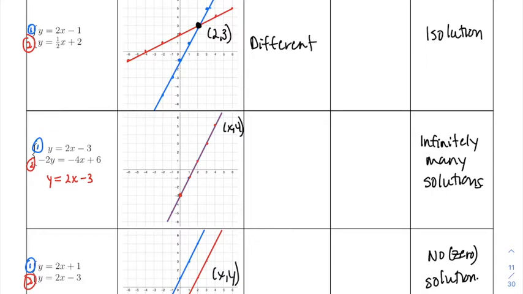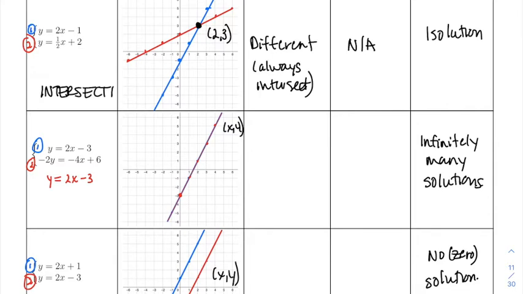The whole point here is as long as two lines have slopes that are different, they will always intersect somewhere. It doesn't matter what the y-intercepts are in this case, but as soon as I know that the line slopes are different, I can say that this system is intersecting. That's what we're going to call this type of system, intersecting.